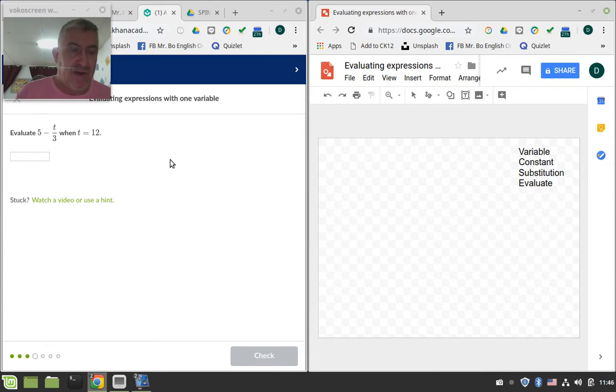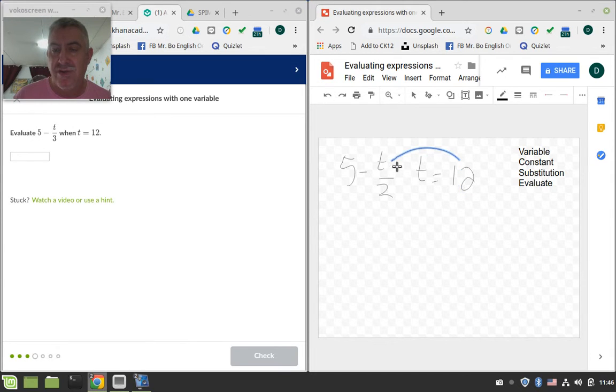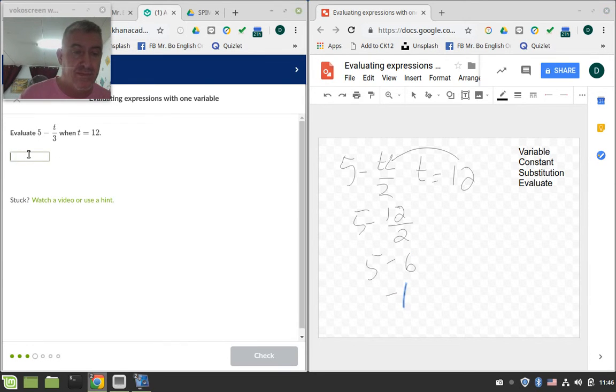Next, evaluate 5 minus t divided by 3 when t equals 12. So we substitute 12 into our t here, and we get 5 minus 12 over 2, or 5 minus 6, or negative 1. Whoops.